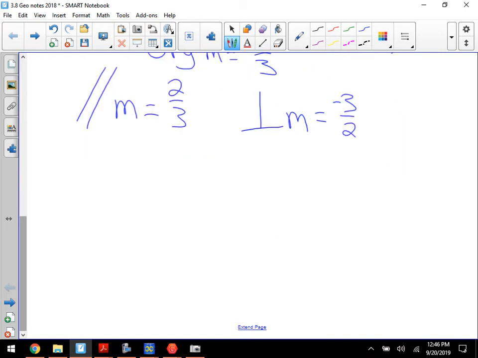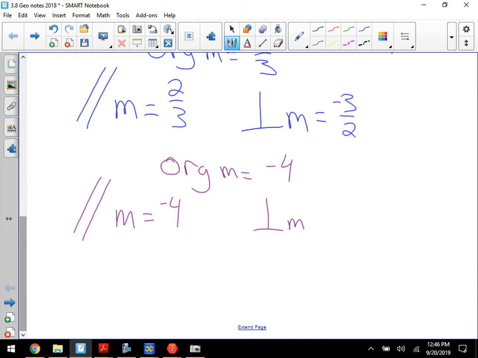Same idea. If I have an original slope, let's say it's -4. If I have an original slope of -4, what's parallel to a -4? It would be the same thing. It's -4.